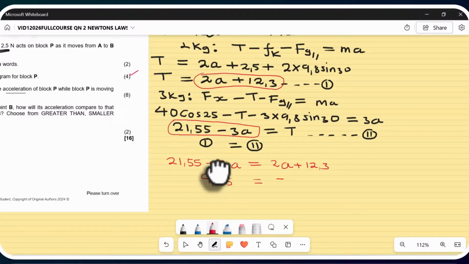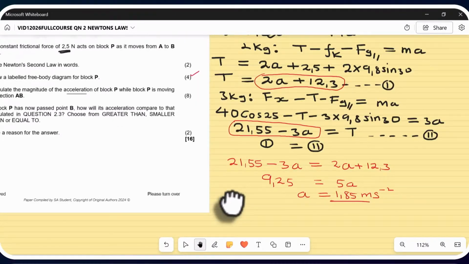Next question. They said that if block P has now passed point B, how will its acceleration compare to that calculated in question 2,3? Choose from greater than, smaller than, or equal to. Give a reason for your answer.